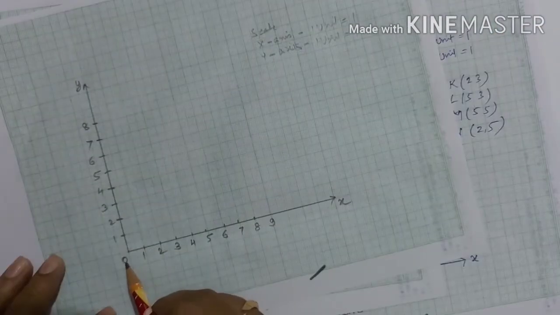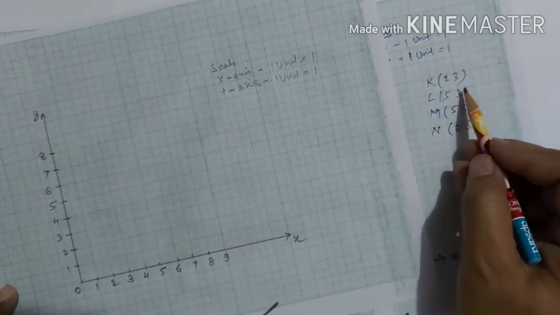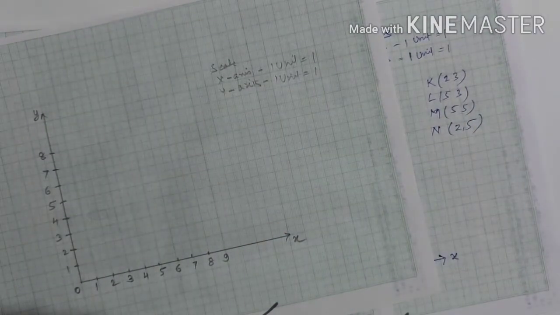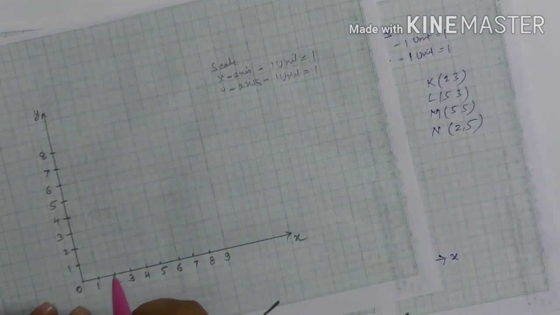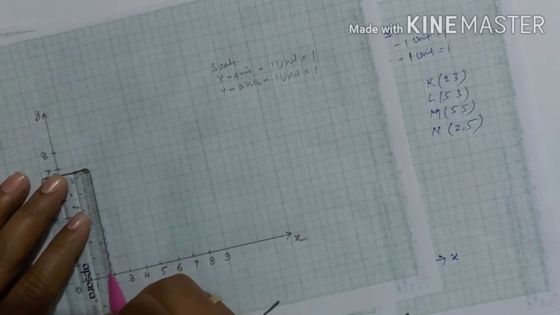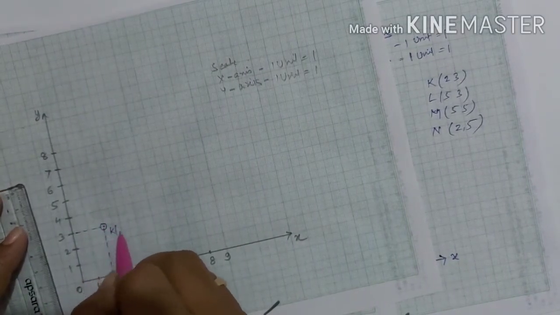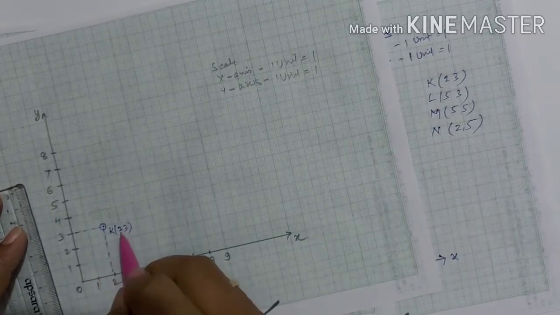Okay, (0, 0) is the origin, and the given point is (2, 3). (2, 3) means the value of 2, and 3 goes parallel, and here it will be 3. This is the point K (2, 3), 2 is the x coordinate and 3 is the y coordinate.